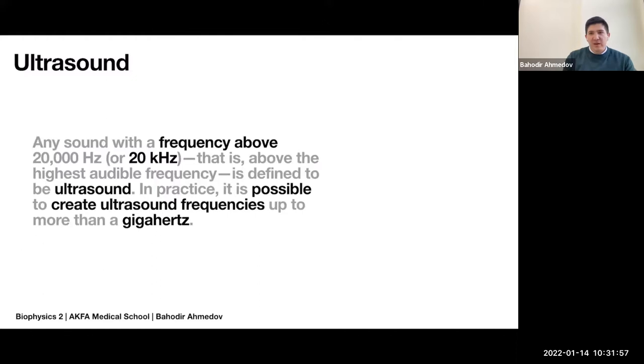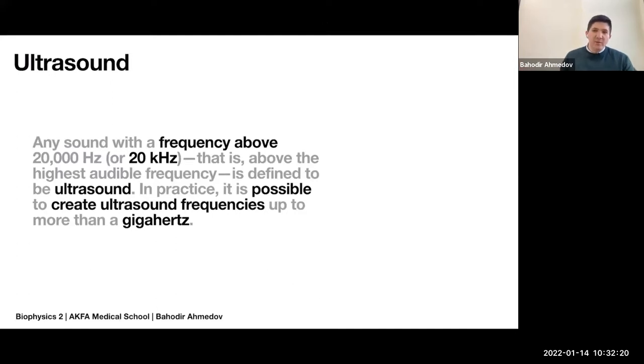Another application of sound is using ultrasound in order to shatter gallstones, or to kill cancer cells. If you remember, in a previous lecture we discussed the different frequencies of audible sound, and we said that our human ears are able to hear sound in the range of 20 to 20,000 hertz.